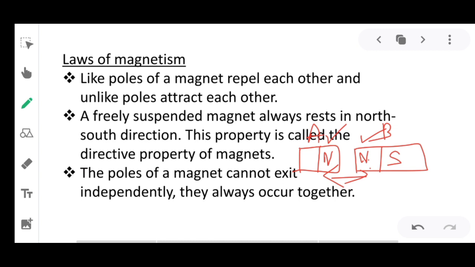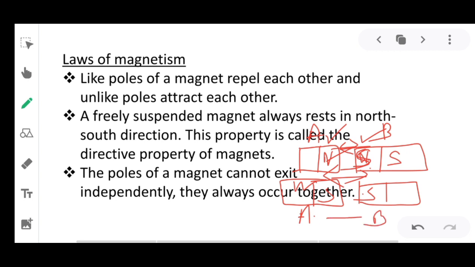But if you keep the north pole of magnet A near the south pole of magnet B, then they will attract each other. And if you keep the south pole of magnet A near the south pole of magnet B, they repel each other.